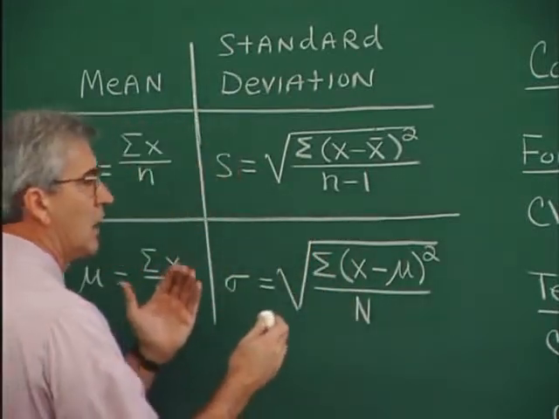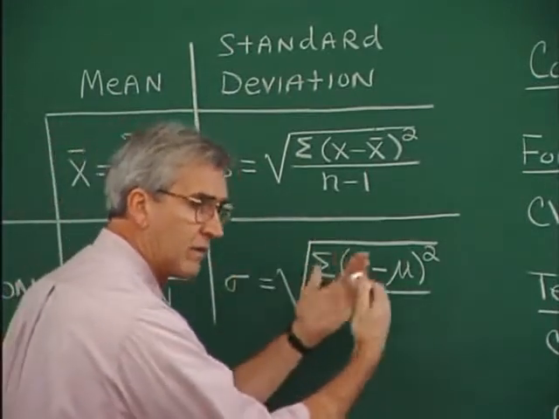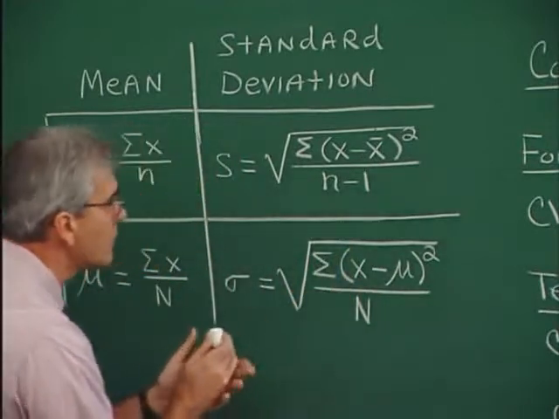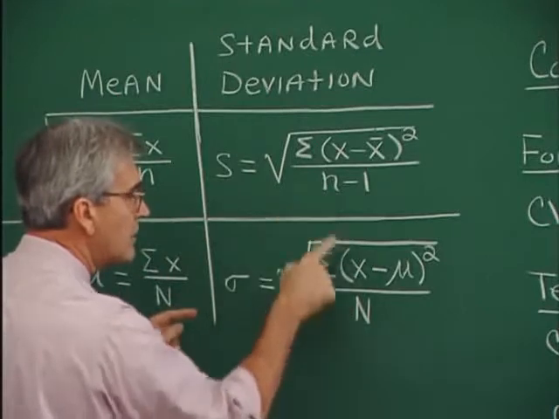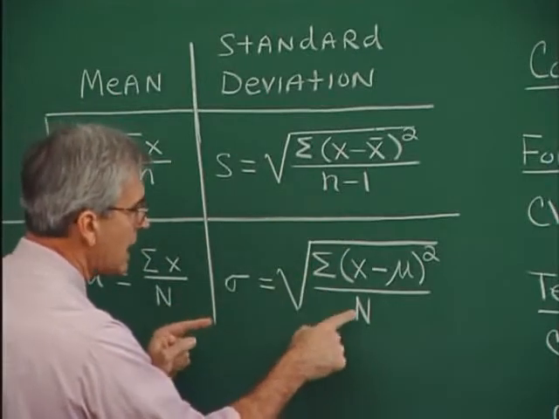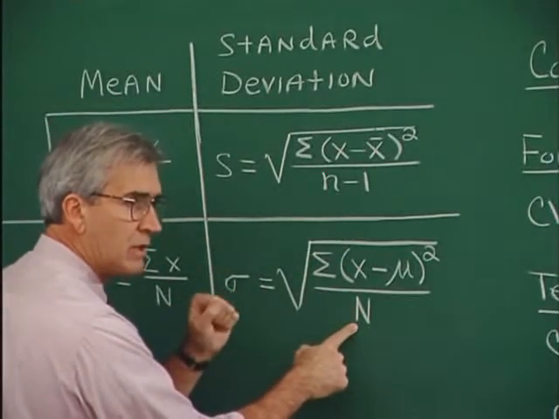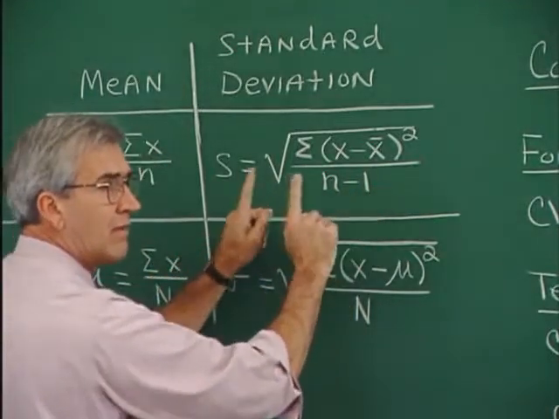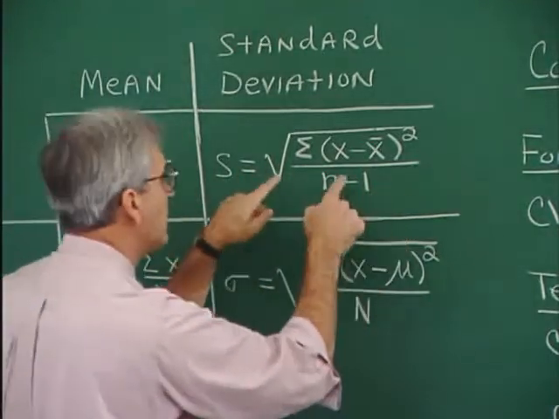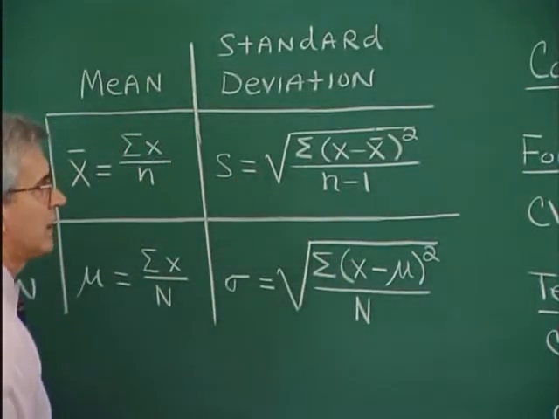So again, it's the sum of squared differences or distances. And then we're dividing by n, and that's probably the most significant difference between these two formulas. Here we're dividing by the number of items in the population, and here we're dividing by n minus 1, the number of items in the sample less 1, for the sample standard deviation.